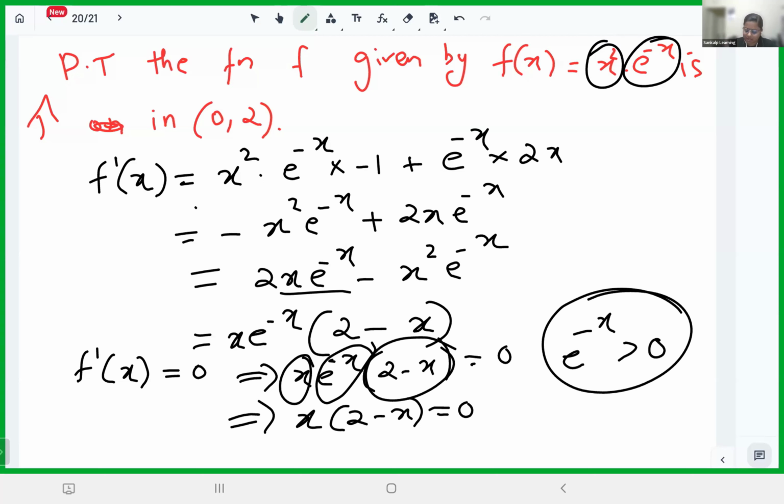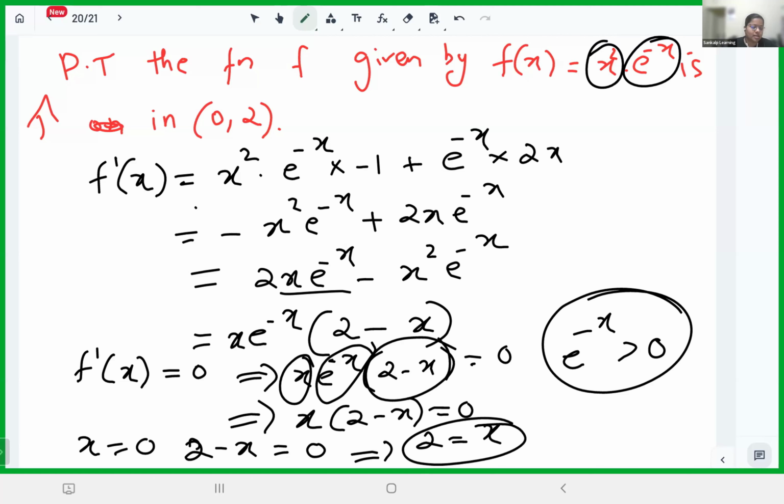Which implies x into 2 minus x is equal to 0, so either x equal to 0, or the second option is 2 minus x is equal to 0, which implies x equal to 2. So x equal to 0 and x equal to 2 are the critical points.